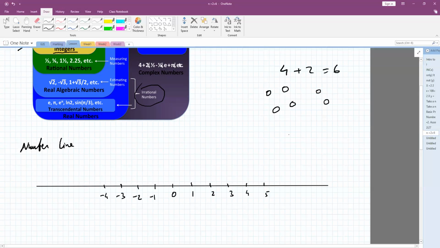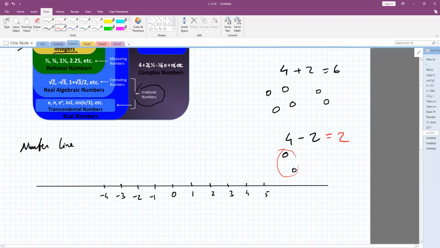Now if I give you this one first, 4 minus 2, this is also simple, because if you have 4 circles and you just take away 2 of them, at the end you have 2 circles, right? So that's the answer.